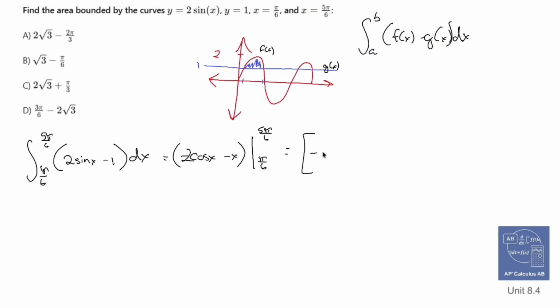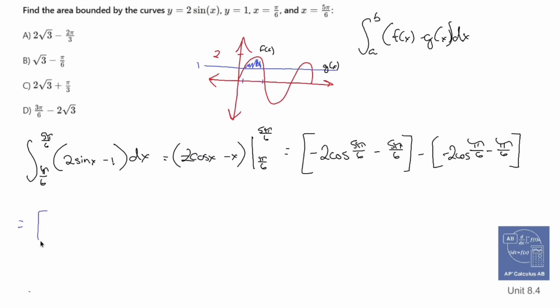We plug in negative 2 cosine 5 pi over 6 minus 5 pi over 6, and we're going to subtract out negative 2 cosine pi over 6 minus pi over 6.